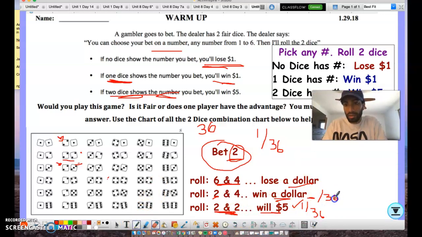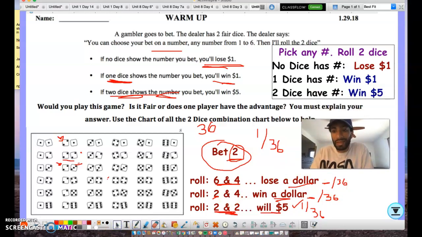And then, once again, you can count all the combinations without a 2 in them and look at those probabilities. I'm not going to go any further because then I would give you the answer, but do you want to take my money or should I take your money? That's your decision.